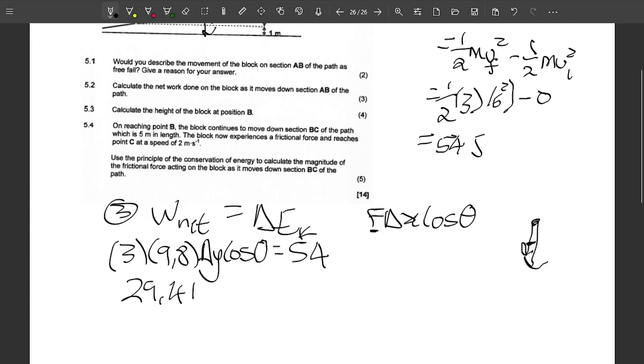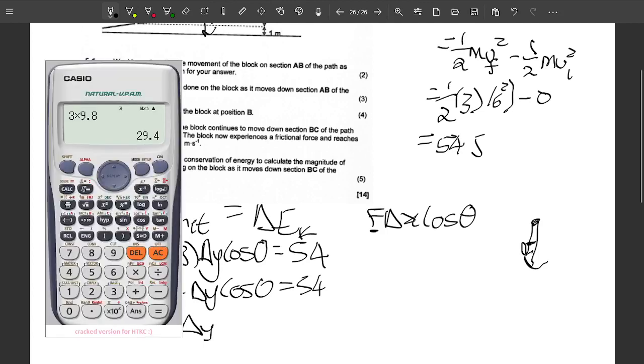29,4 delta y cos 0 is equal to 54. So I might as well divide both sides by 29,4 cos 0, right? Let's bring our dear friend the calculator back into focus.